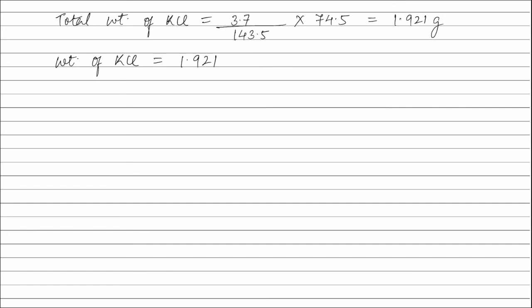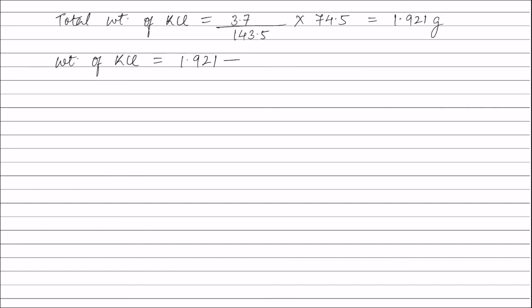Therefore, total weight of KCl will be equal to equivalents of KCl, that is 3.7 divided by 143.5, into equivalent weight of KCl, that is 74.5, and this is equal to 1.921 grams.